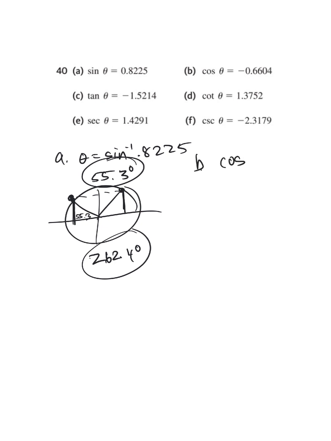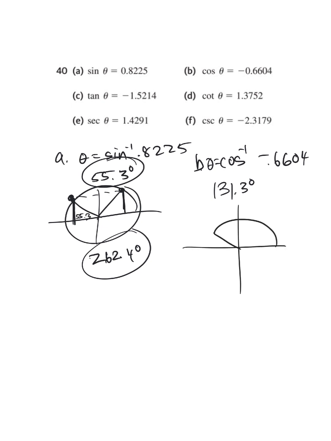B, we want the x value. So theta is the arc cosine of negative 0.6604. Oops, hold on. And the arc cosine is 131.3 degrees. So 131. And that's the x value here.